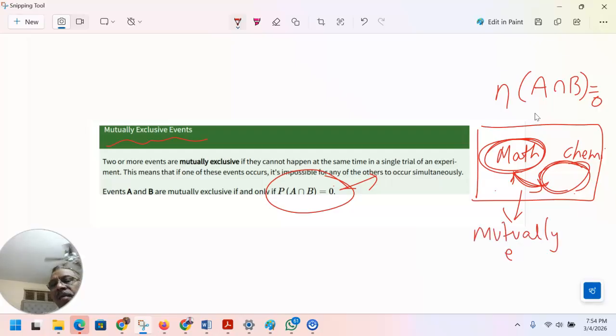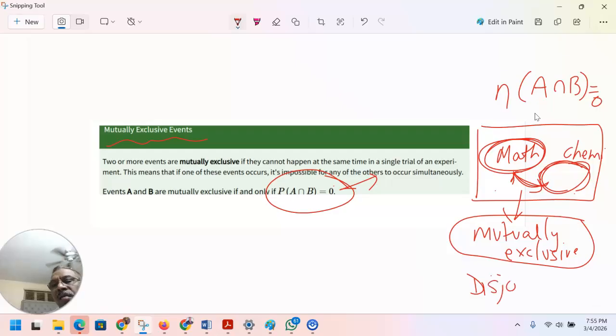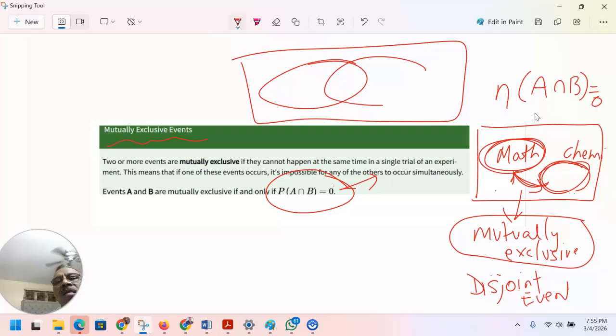So I hope that makes sense here. Another word they use is disjoint. Disjoint events means they don't have anything common. Sometimes there could be overlapping of math students and chemistry students going for tutoring.